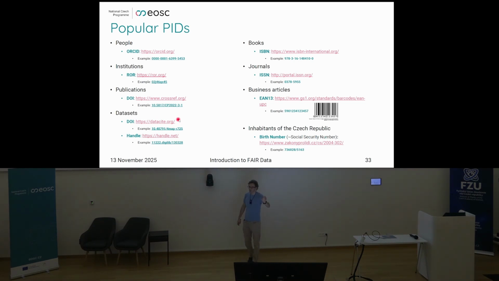The same type of identifier, different agencies that take care of the resolve service, metadata storage, interface for searching for metadata, etc., etc. Yeah. Handle is another type of ID. If we are going back to the history or to some physical world examples, you probably know ISBN as an identifier for books, ISSN for journals.